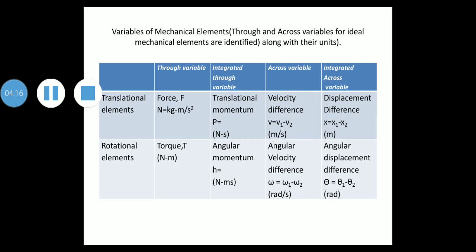The tabular form is variables of mechanical elements: through variable, integrated through variable, across variable, integrated across variable. Then we have translational elements and rotational elements. First we'll go for translational elements. Force F is the through variable, Newton equal to kg meter per second square. Integrated through variable, translational momentum P.